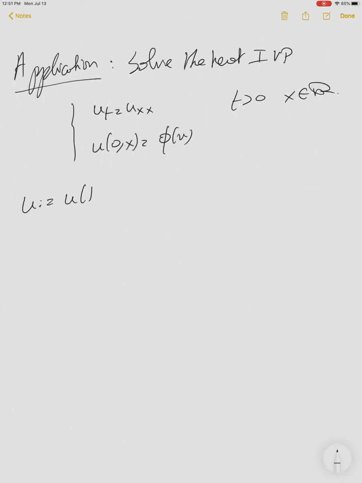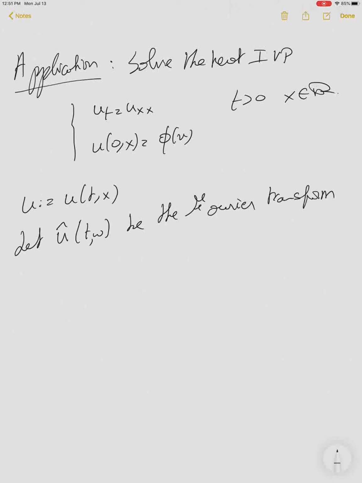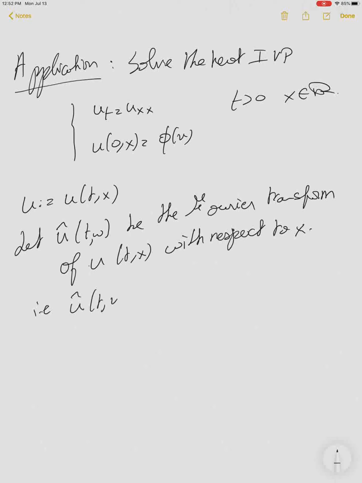So u is a function of t, x. Let u hat at t omega be the Fourier transform of u(t,x) with respect to x, i.e. u hat of t omega equal 1 over square root of 2 pi integral from minus infinity to plus infinity u(t,x) e to the minus i omega x dx.